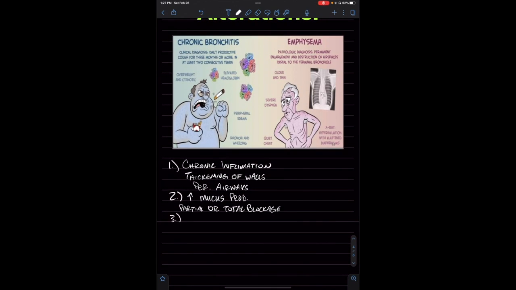Number 3 here, we have smooth muscle constriction. We have smooth muscle constriction of the bronchial airways, or a bronchospasm. Okay, smooth muscle constriction of bronchial airways, aka bronchospasm.